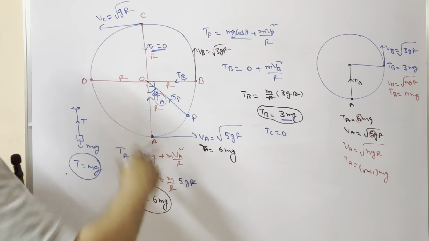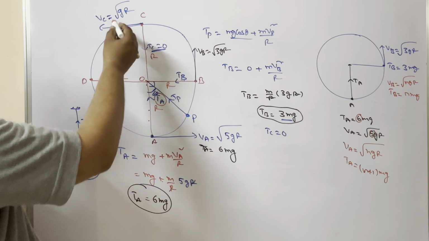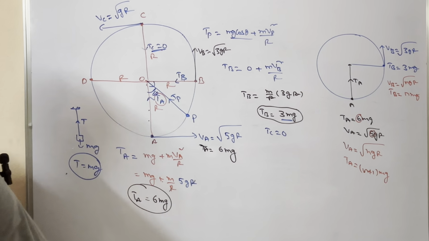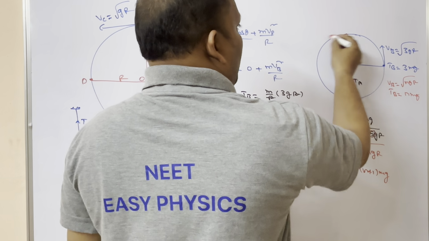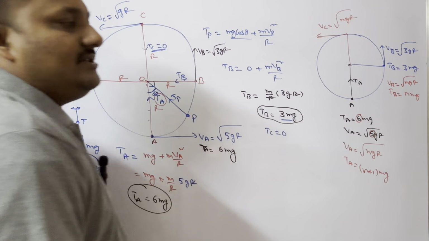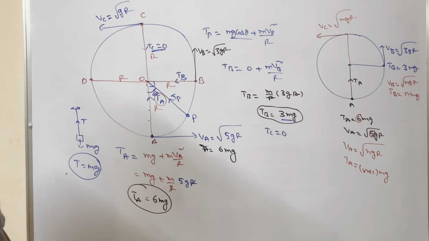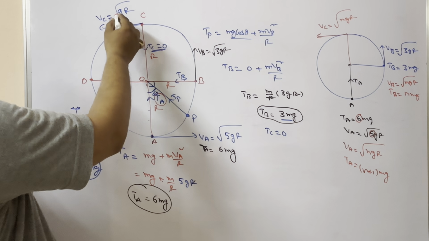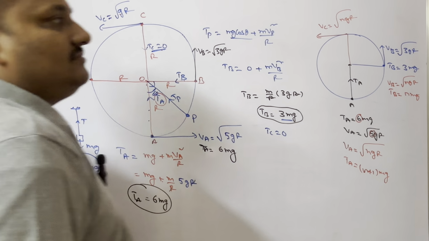Even at the topmost point, you can get it. The tensional force here is 0. So the velocity at C, VC, is going to be root NGR. Here, in place of N, how much is there? N value is 1 here. Correct? So TC became 1 minus 1.